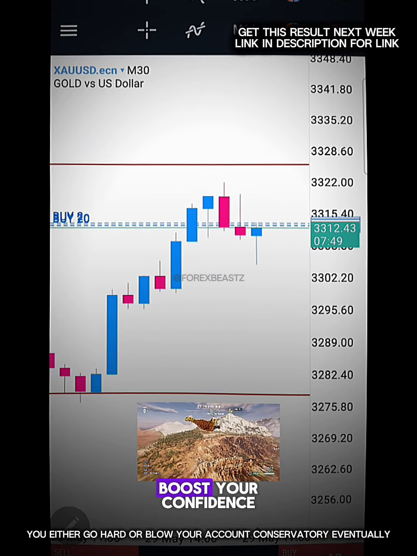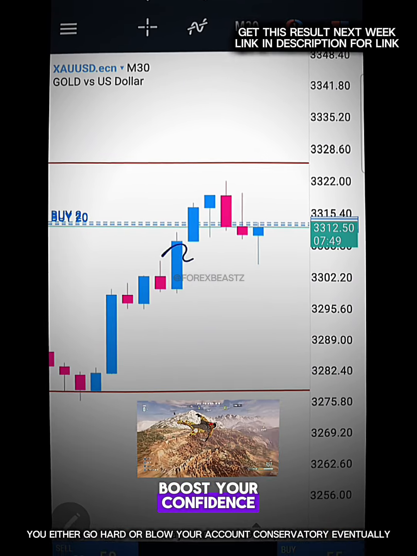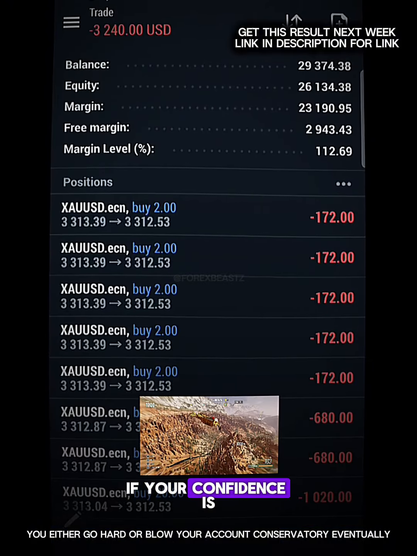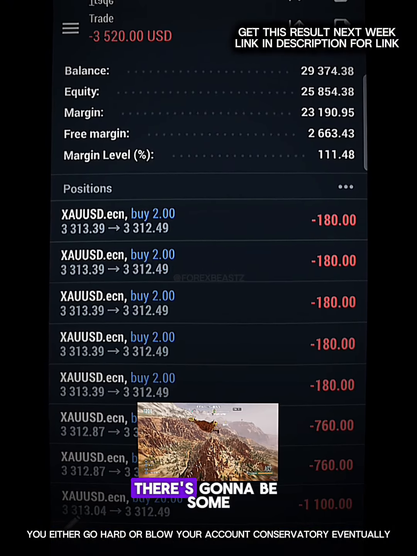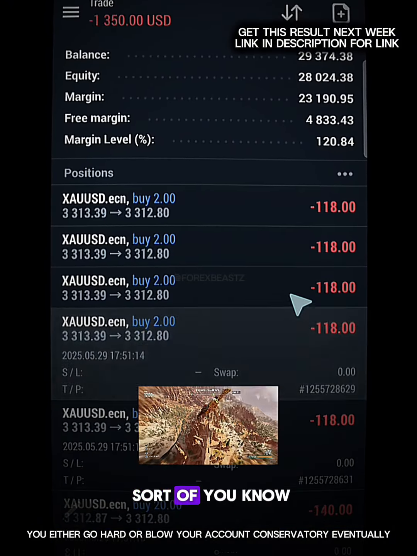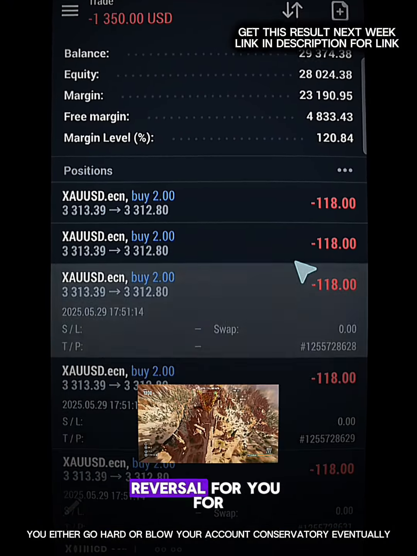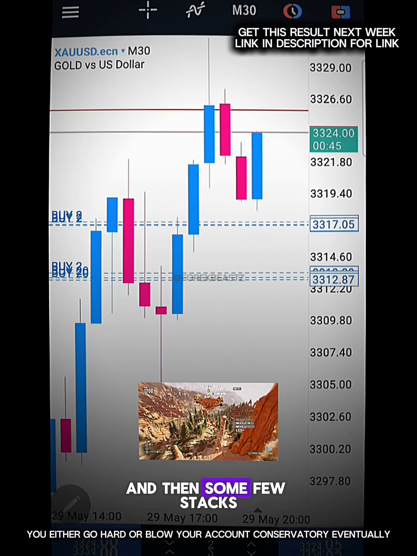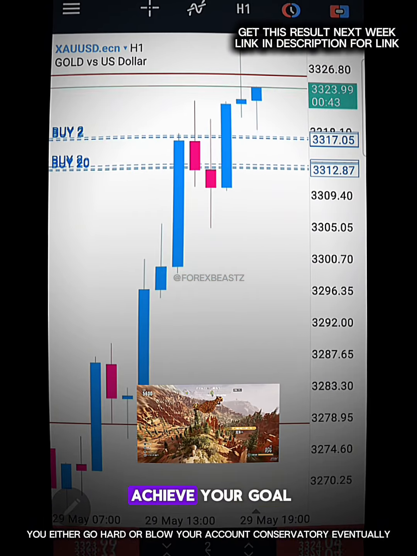That is going to boost your confidence instead of trying to catch some potential downside. Then use anything you can to support your price. Even if you have opposition, if your confidence is very strong, there's going to be some sort of reversal for a while, like you can see here. But finally, after some upward movement and a few more stacks, you'll be able to achieve your goal.